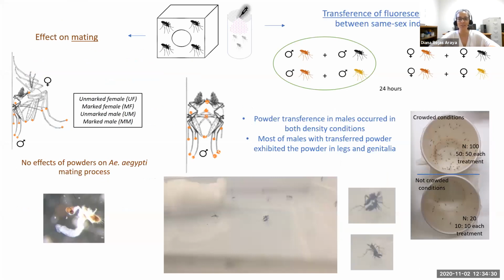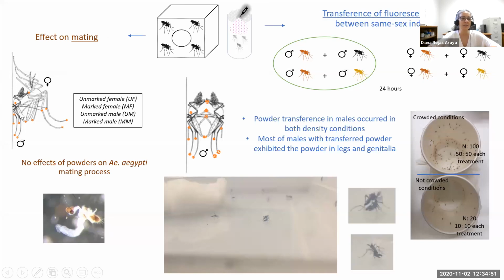So for the main results, I will not go very deep into the effect on mating, because that's the topic I will present on Thursday at the symposium, since it is a long experiment. Just to summarize, we didn't find effects of the powders on the different aspects of mating that we evaluated.